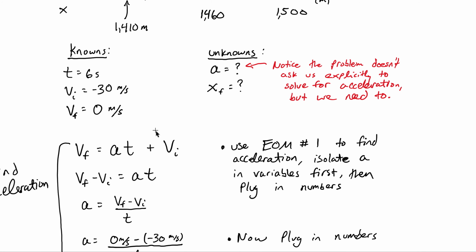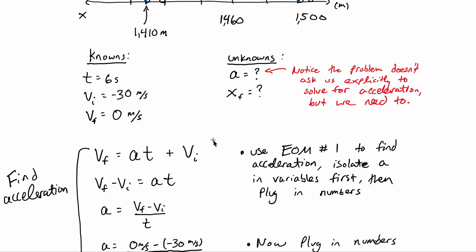So first we need to find the acceleration, all right? I'm writing out, without any numbers, the first equation of motion, equation of motion number one, to find acceleration. I'm going to isolate the acceleration in variables first and then plug in my numbers. Notice how I'm structuring my solution in the mathematical representation, which is what we are now in.